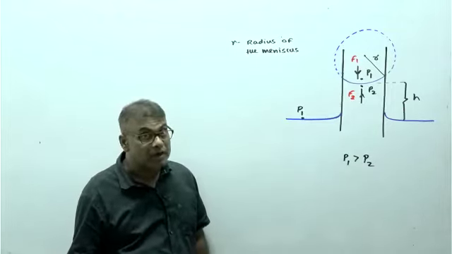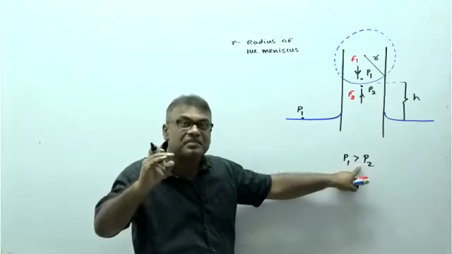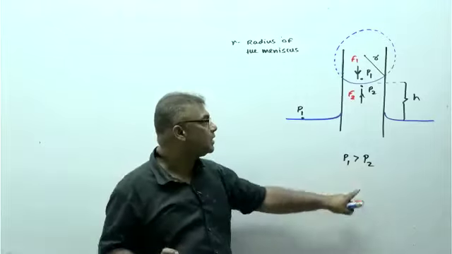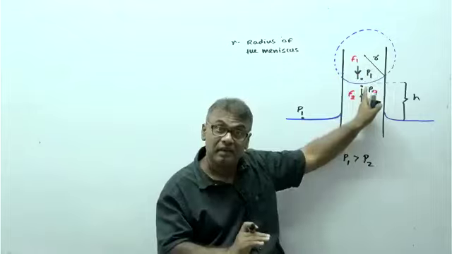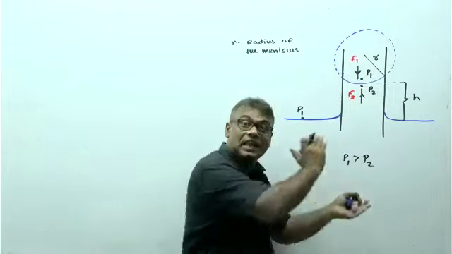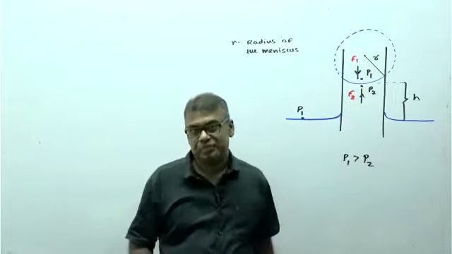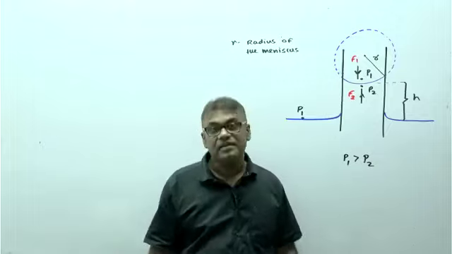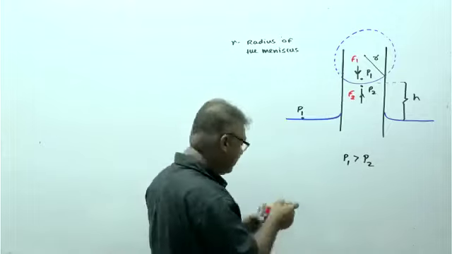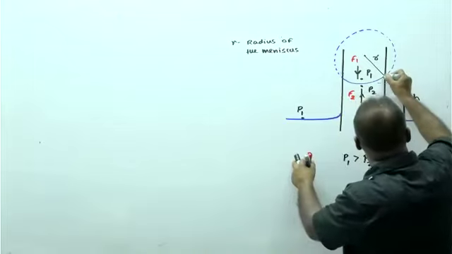To prevent that, and to maintain the meniscus at rest at the given height, after the capillary ascent or descent reaches a certain level, the liquid meniscus remains at rest. It is done by the third force given by the surface tension, along the meniscus. It is given by this one.